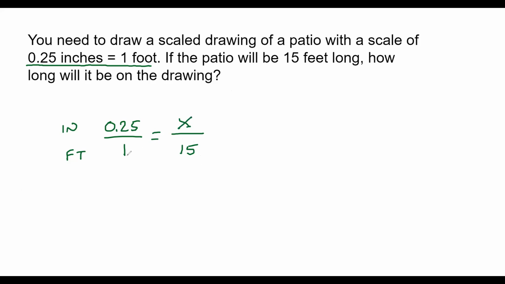So let's cross multiply. 1 times X, well, that's just X. And on the other side, I'm going to represent this way, 0.25 times 15. So we multiply those and we get X is equal to 3.75, and that is in inches.